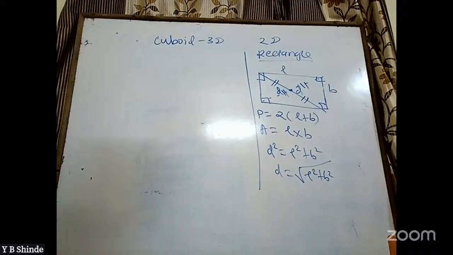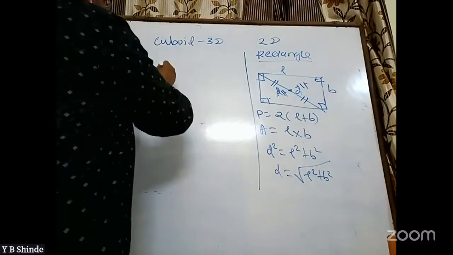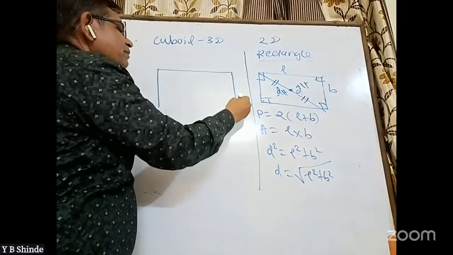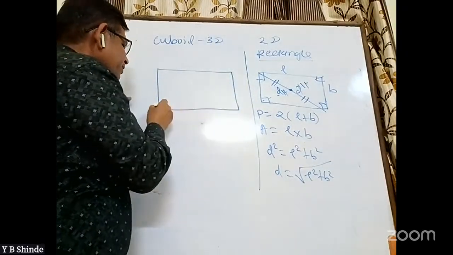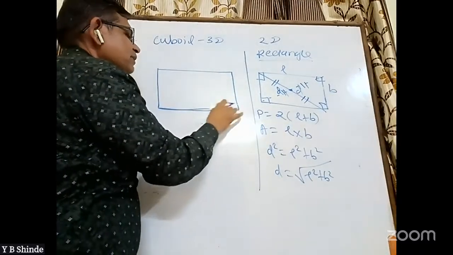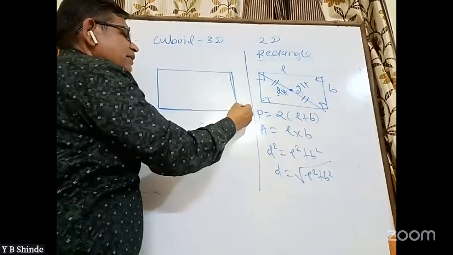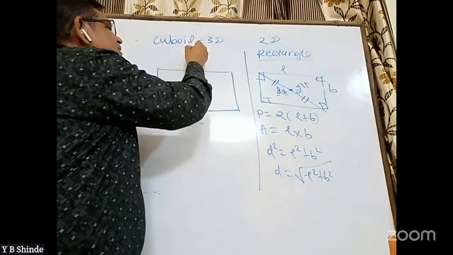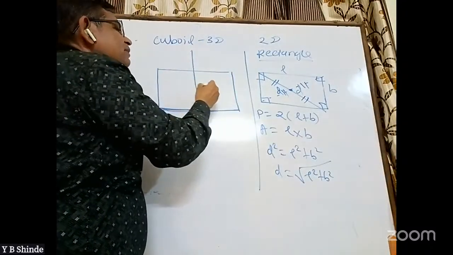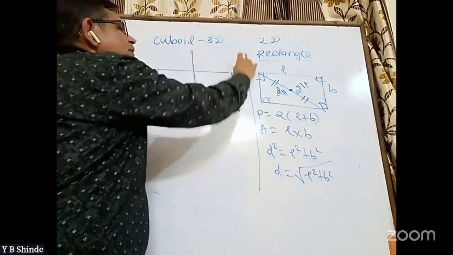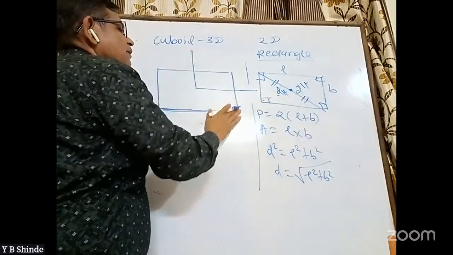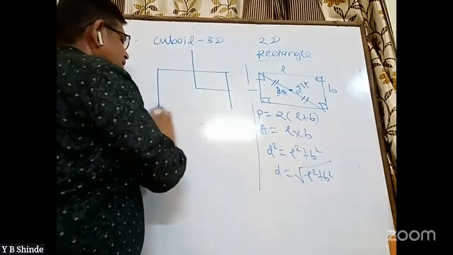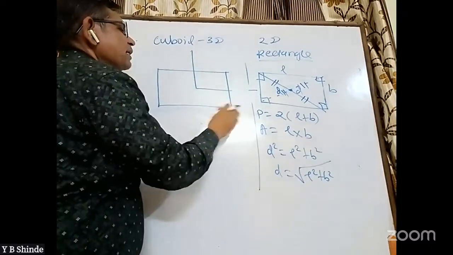Okay. Now see here, this is the rectangle. It has length and breadth. Not equal. L and B are not equal. If L and B are equal, then it becomes the square. Now, here this is a rectangle.